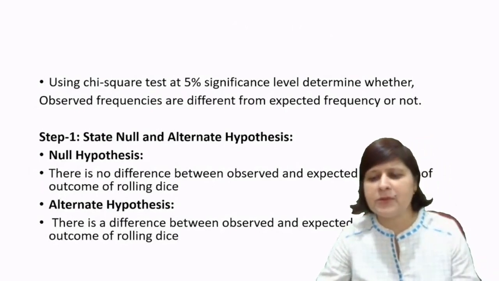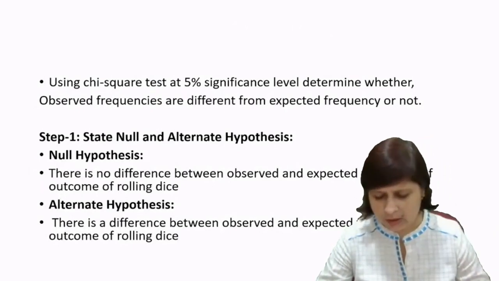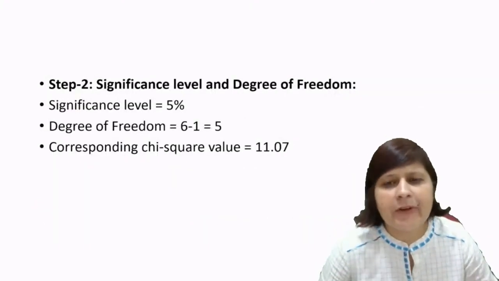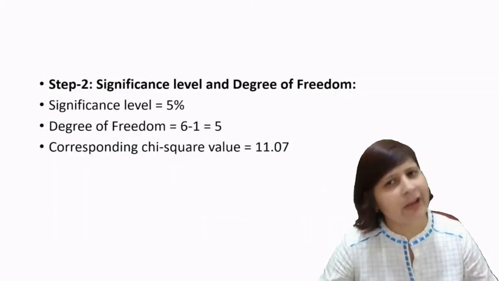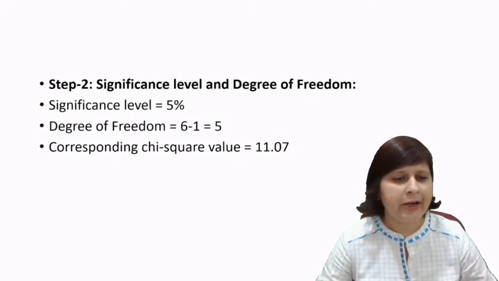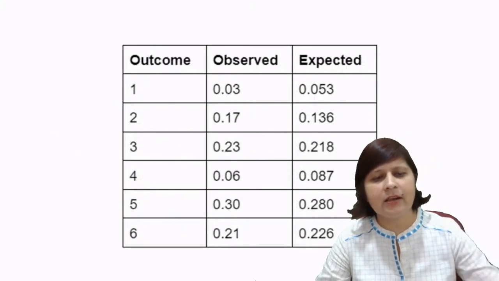That is, no difference between the observed and the expected frequency of outcome of the rolling dice, or there is a difference. The significance level is 5%, that is 95% confidence level. Degree of freedom is 6 minus 1. What is degree of freedom?